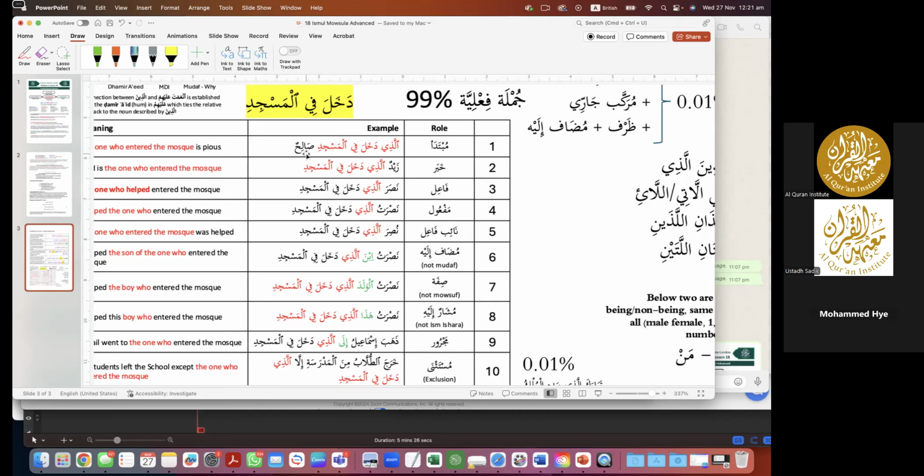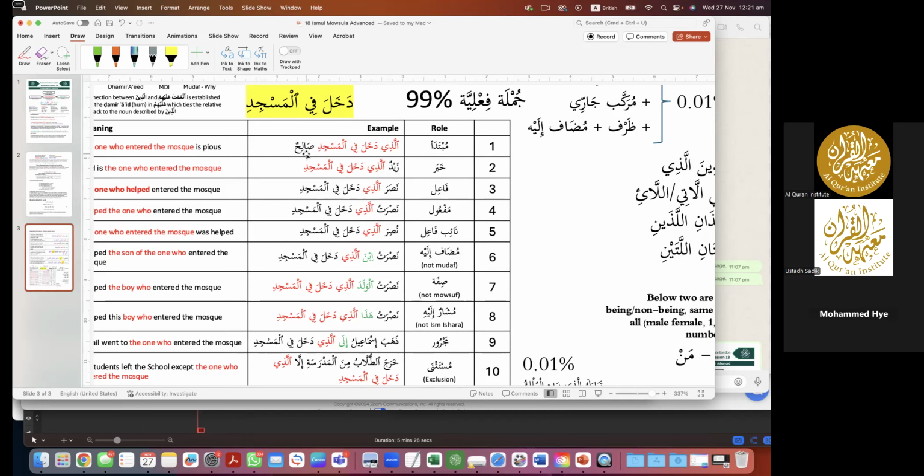After mubtada comes khabar. Now, what is the mubtada? Allazi dakhala fil masjidi, the one who went to the mosque, is a salihun. So the whole thing, Allazi dakhala al masjidi with its silatul mawsul, is Jumlatul Mawsul, and this is the mubtada.